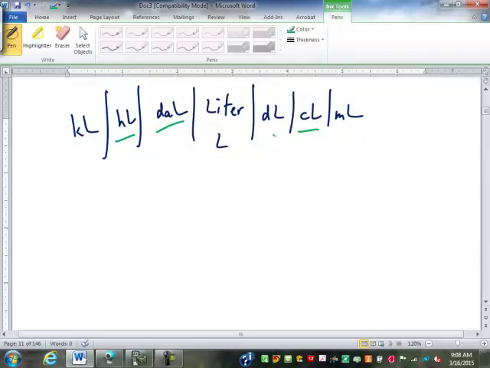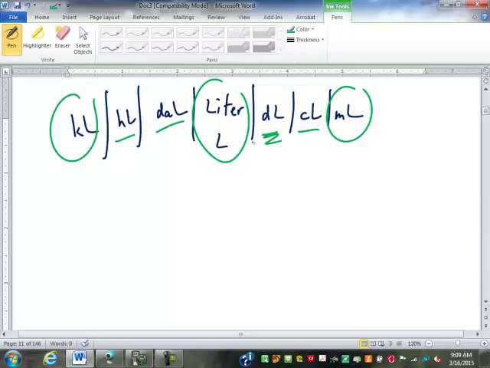Centiliters don't get used hardly at all. So it's kilo, the standard liters, and the milliliter that gets used mostly. Deciliters do get used some in the medical field, like your blood tests. If they tell you that your blood sugar is like 97, that's 97 milligrams of blood glucose for every deciliter of blood.